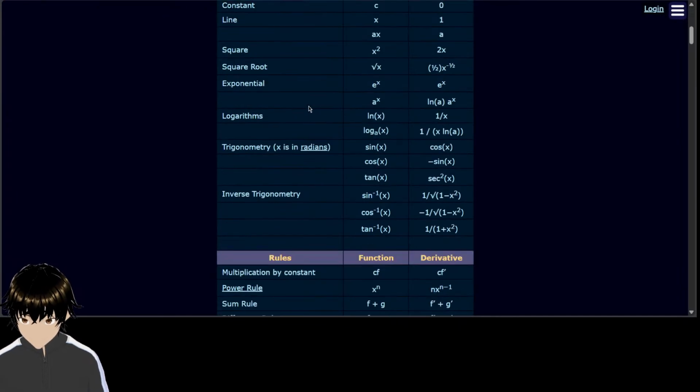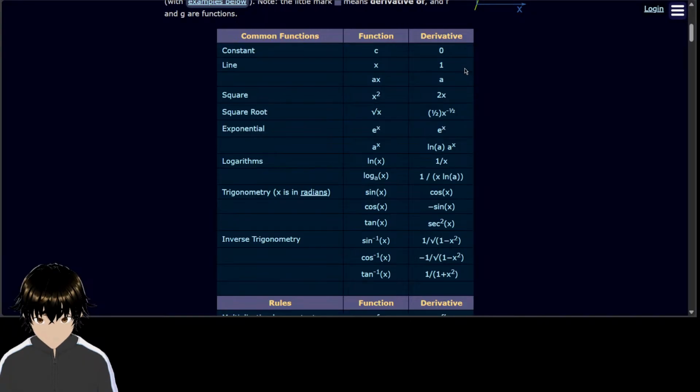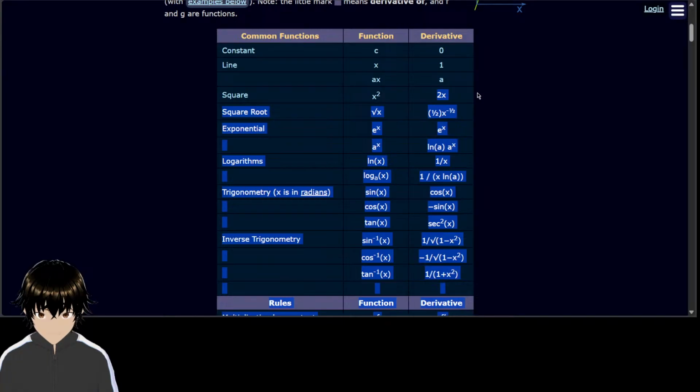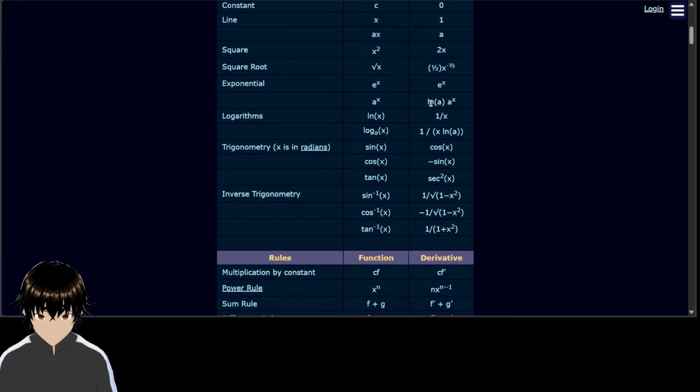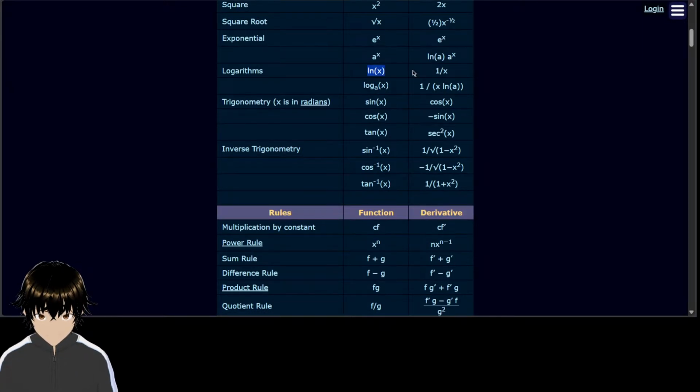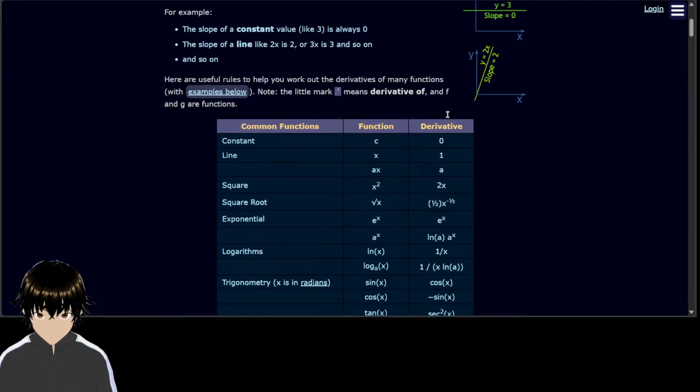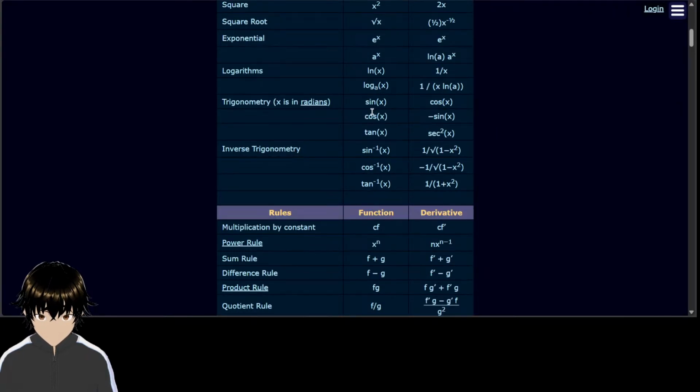We've got derivative rules, square root of 2x, logarithms, function derivative.